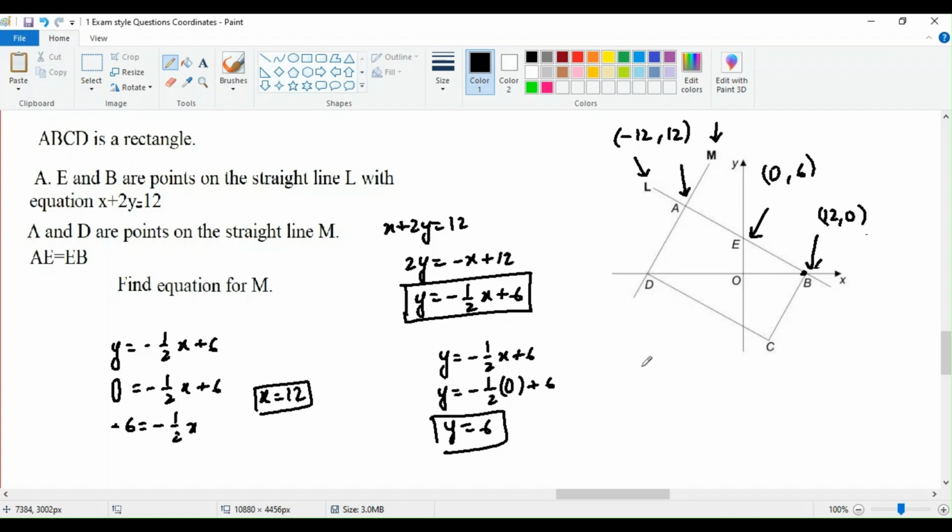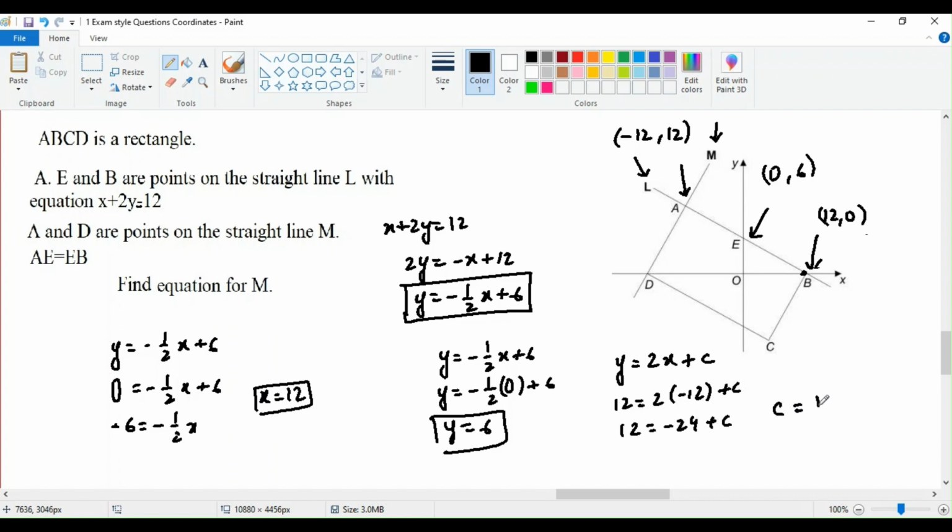Now we need to find the equation of line M. Since the gradient of the given line is negative 1 over 2, the gradient of M is 2, so it is going to be y equals 2x plus c. Now we take the point to find the y-intercept. So y equals 12 and 2 times negative 12 plus c. That means 12 equals negative 24 plus c.